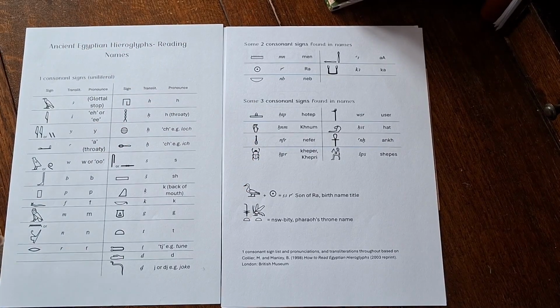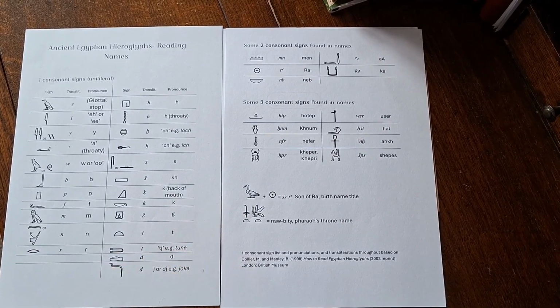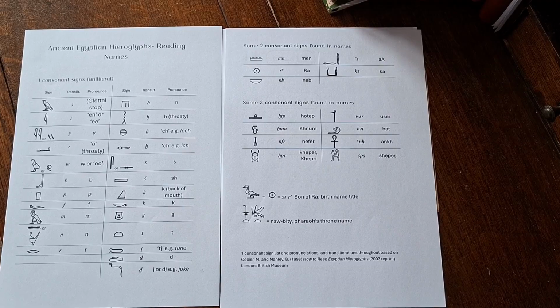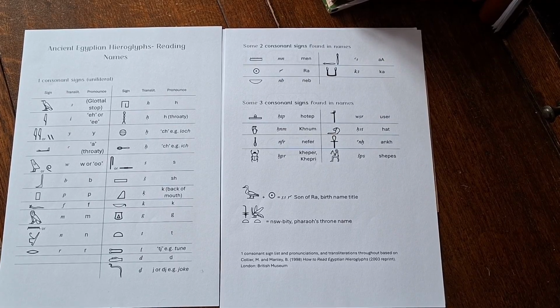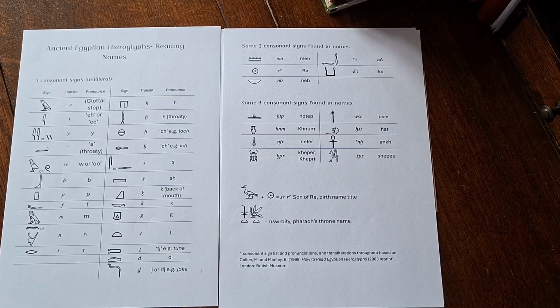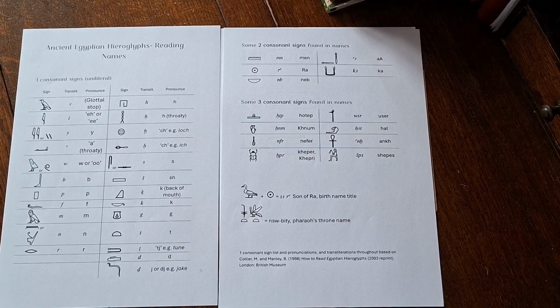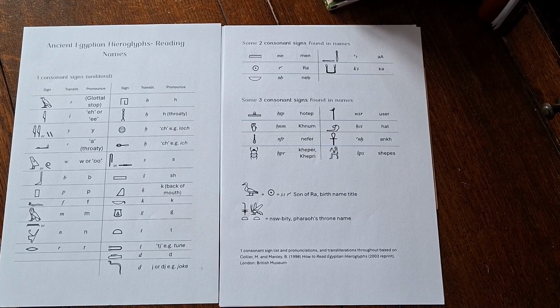The hieroglyphs and their phonetic values I have got from the excellent book How to Read Egyptian Hieroglyphs by Mark Collier and Bill Manley, which was the book that we used in our first term of university to learn to read ancient Egyptian hieroglyphs. And we were taught by Mark Collier. So, of course, he wanted to use his own book, and it is an excellent book.